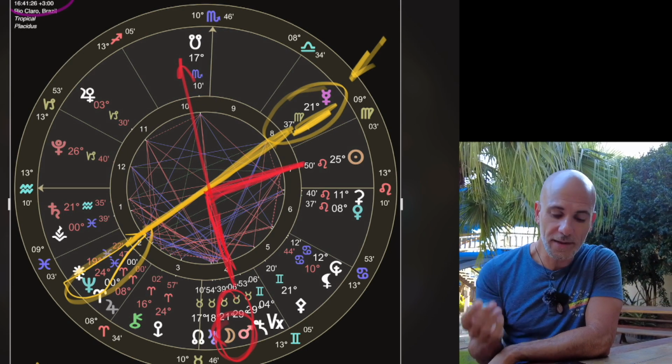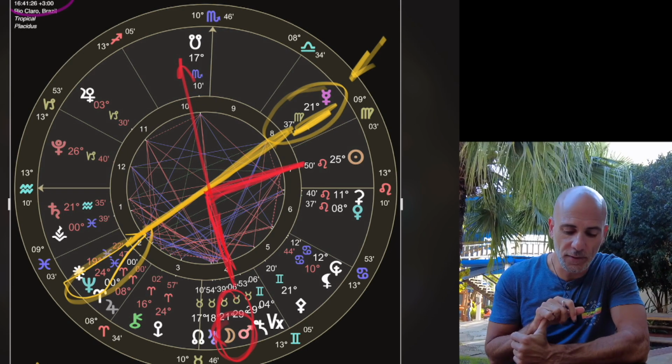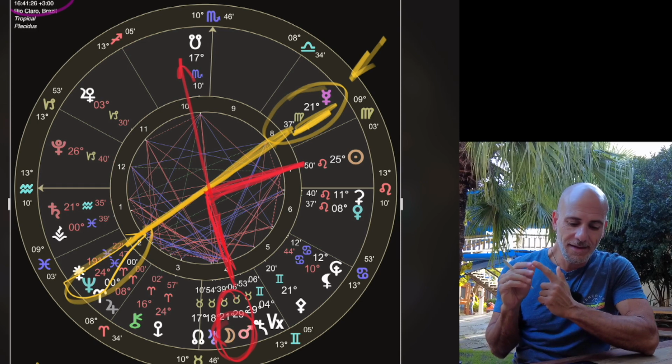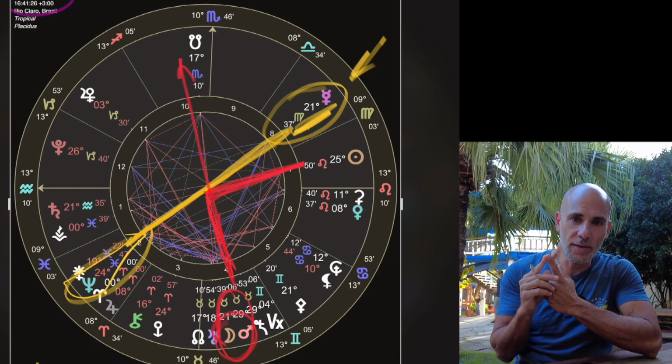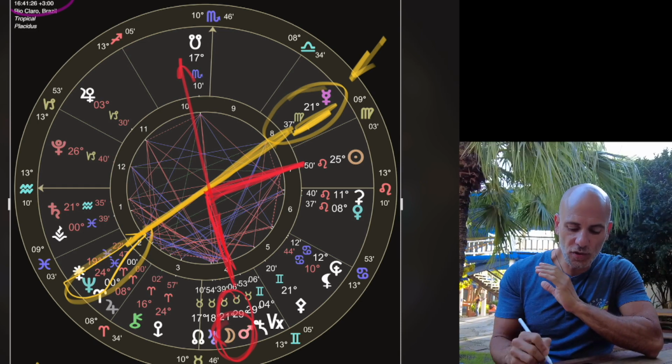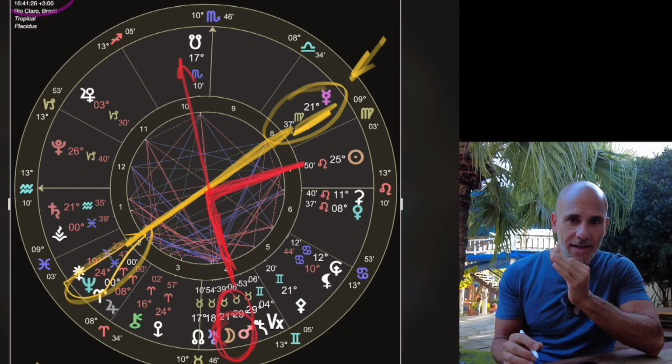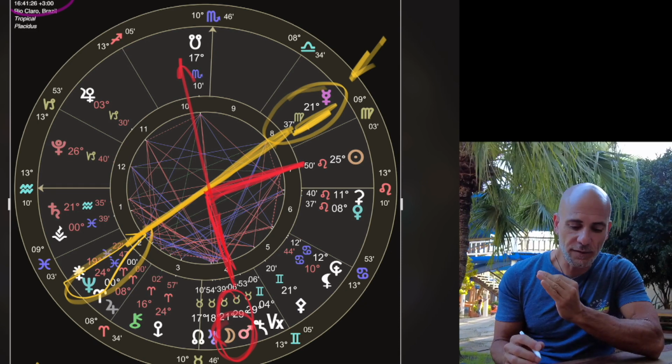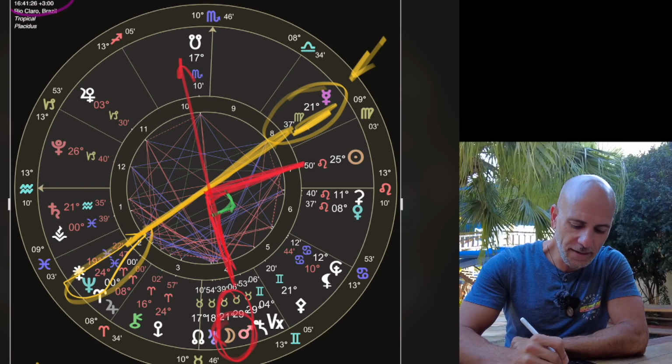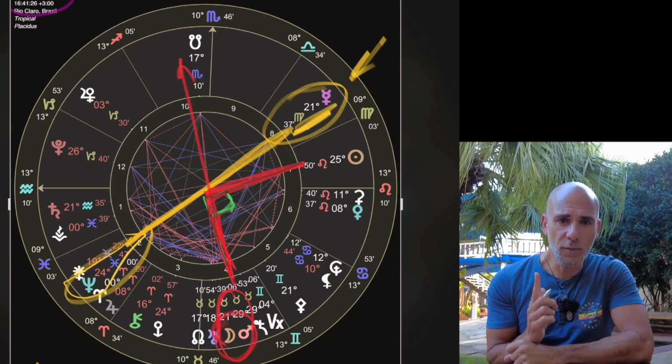This is a very quick transit because the moon passes very quickly, in just one day, and the sun is moving 1 degree a day. So we should also look at this in a very subtle, careful way, because this square is of 1 day.